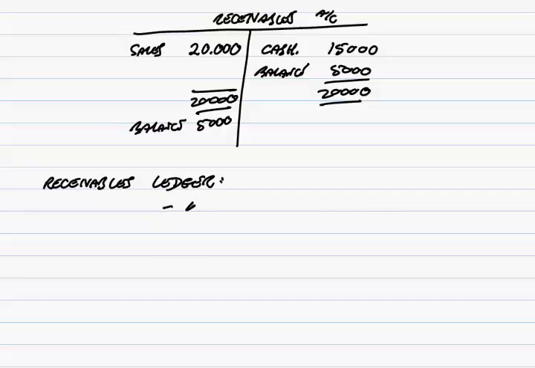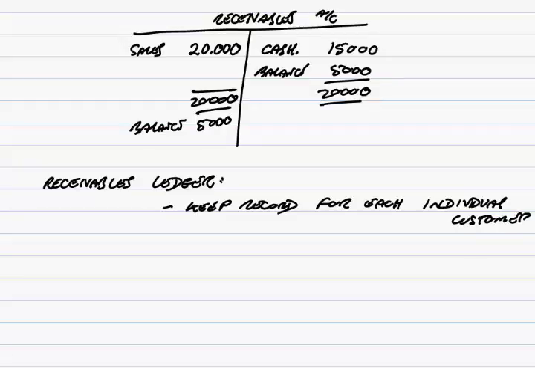But here we keep a record for each individual customer. So although in the nominal ledger we know how much we're owed in total, and that's the double entry, the receivables ledger is just keeping a little note of who owes us that money.